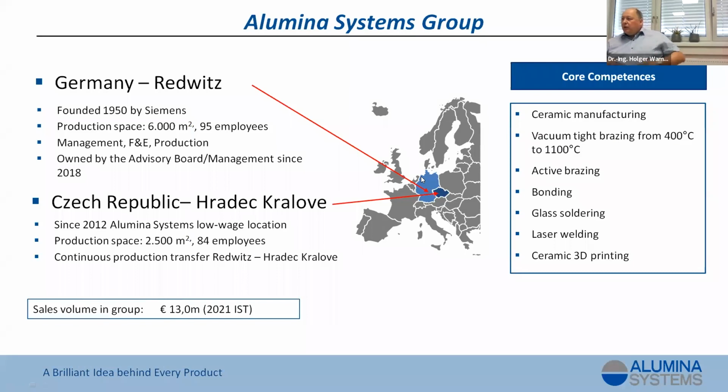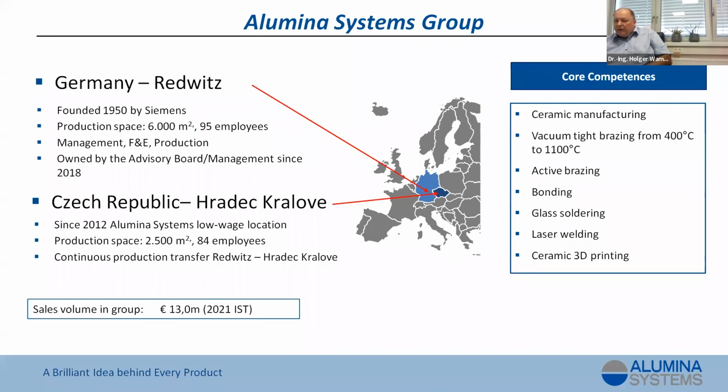Okay. So some words about the Alumina Systems Group. We are situated here in Germany and in the Czech Republic. We were founded by Siemens in the 50s, so we have a very long tradition, and we have a production space of 6,000 square meters and close to 100 employees. Since 2018, the company is owned by the advisory board and the management.